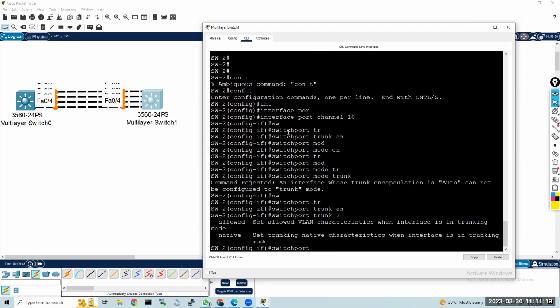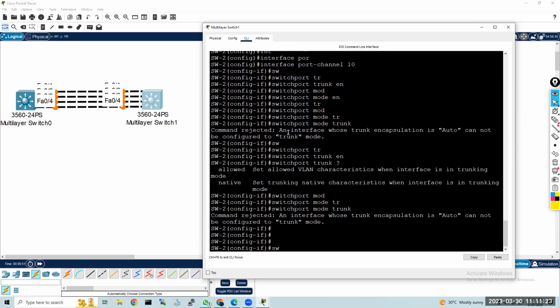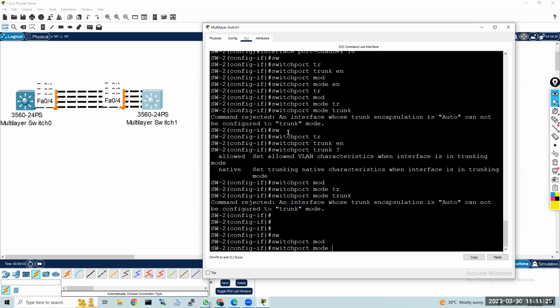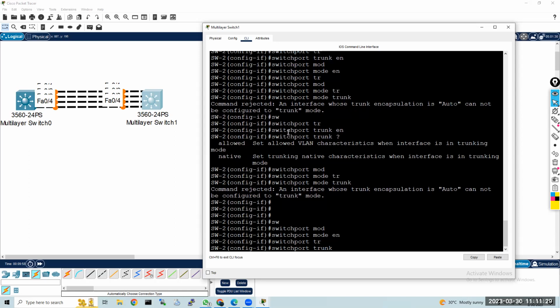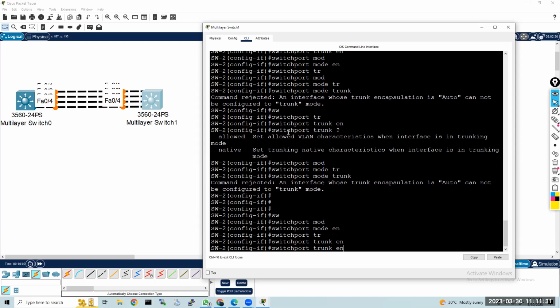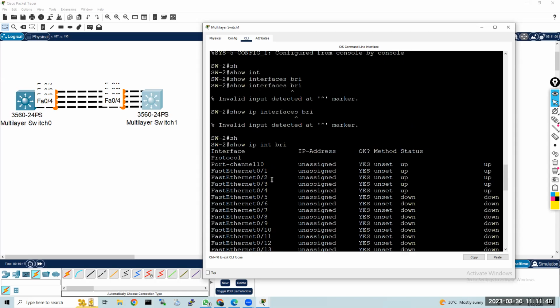Or else switchport mode trunk. Trunk encapsulation also is not working because it is in auto. So it cannot be configured in trunk mode if it is auto. Let me show you what we have configured here.